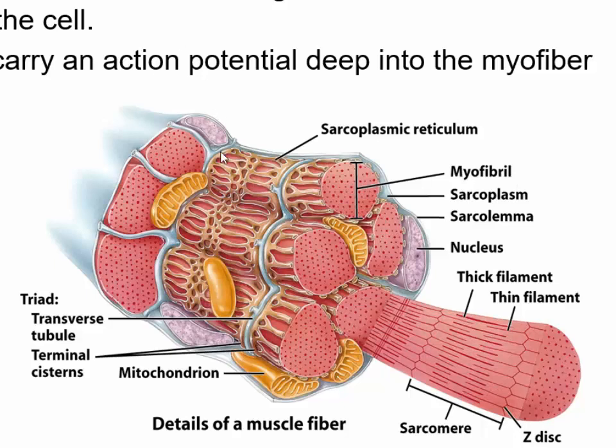The sarcolemma is the plasma membrane of a muscle cell, and it goes all the way down the muscle cell. The sarcoplasm is the cytoplasm inside a muscle cell. There are lots of mitochondria and glycogen granules. It's going to contain the myofibrils, the thick and thin myofilaments that make them up.